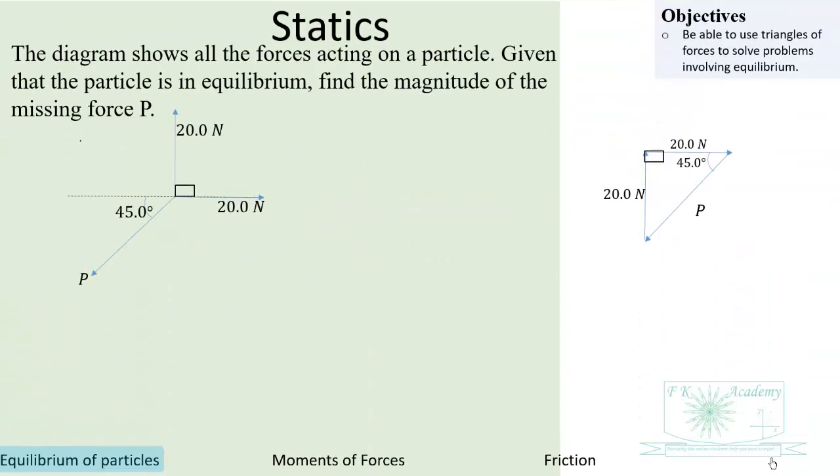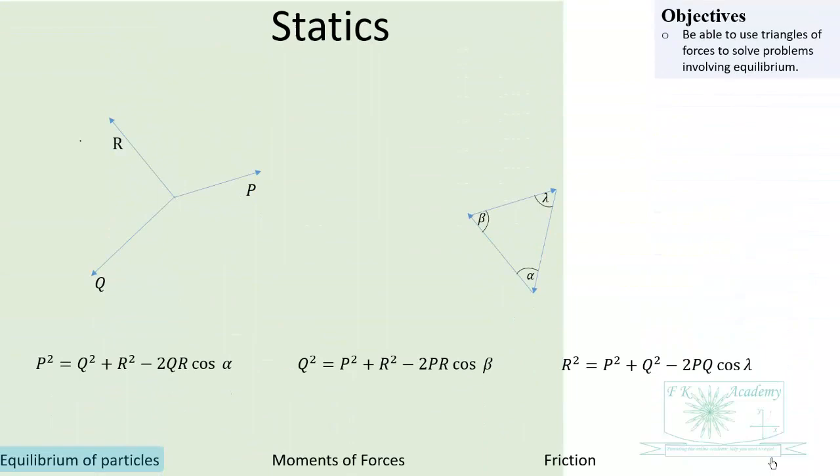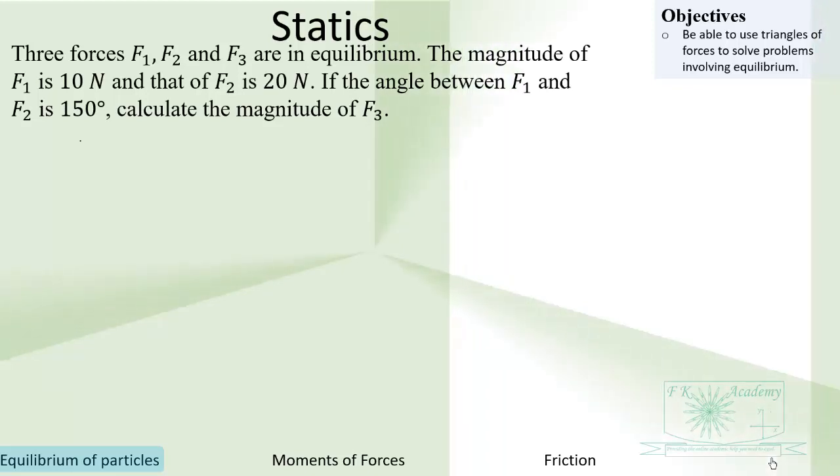Then we'll also consider another example where the triangle of forces will not be a right angle triangle, where we can use the cosine rule to solve for the missing force, the magnitude of the missing force. So let's begin.